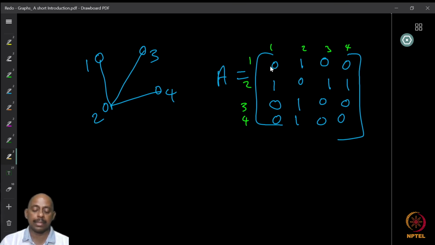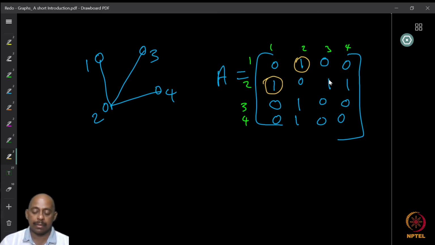And what do I say? The ij entry is 1 if and only if ViVj is an edge. So since 1, 2 is an edge, I have this entry. Similarly, this entry, because again 2, 1 and 1, 2.